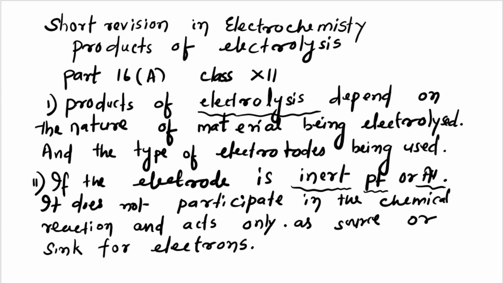So the first point is the nature of the material for electrolytes and the type of electrodes. Then what are the types of electrode? One is inert, for example platinum and gold.